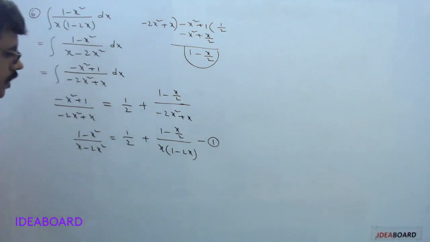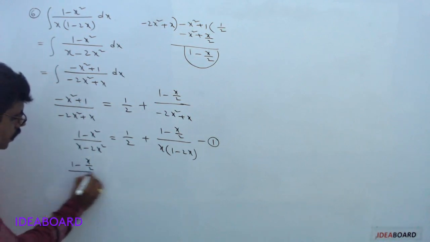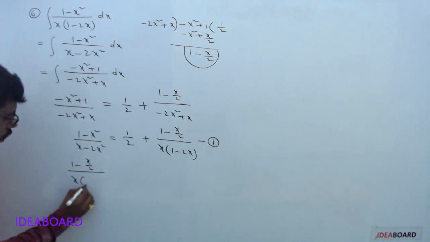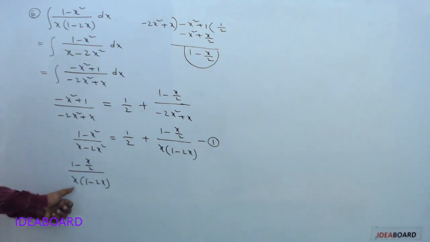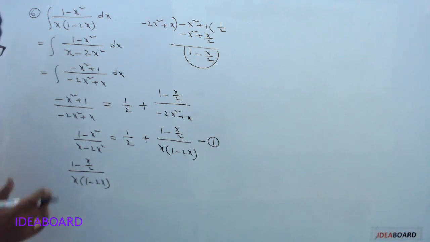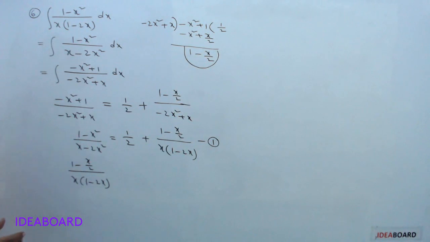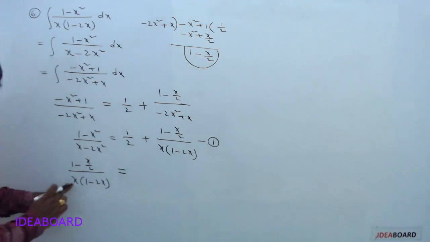Now take this proper fraction separately. It is 1 minus x by 2 divided by x into 1 minus 2x. Now here x is a non-repeated linear factor, 1 minus 2x is also a non-repeated linear factor. So in this case, what are the partial fractions?